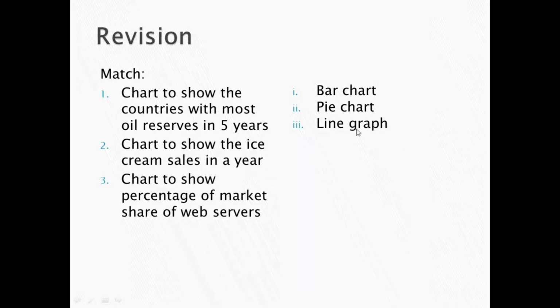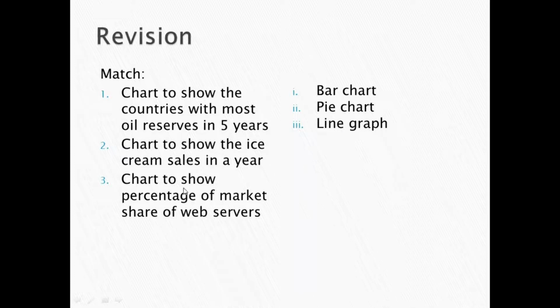See, if I have three options here: chart to show the countries with most oil reserves in 5 years, chart to show the ice cream sales in a year, chart to show percentage of market share of web servers. And I have three options here: bar chart, pie chart, line graph. See, for sales, I might want a line graph.